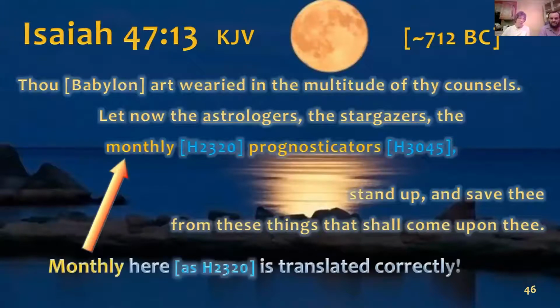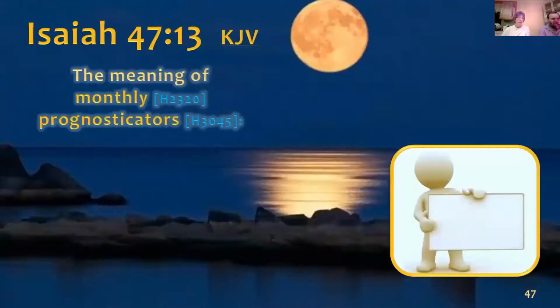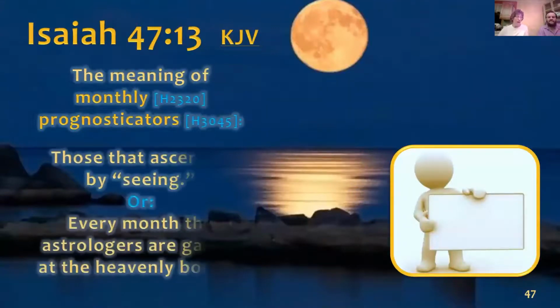By the way, monthly right there is translated from 2320. It is translated correctly. What is the meaning of monthly prognosticators? Well, in short, it's those that ascertain by seeing, or every month the astrologers were gazing at heavenly bodies, right?